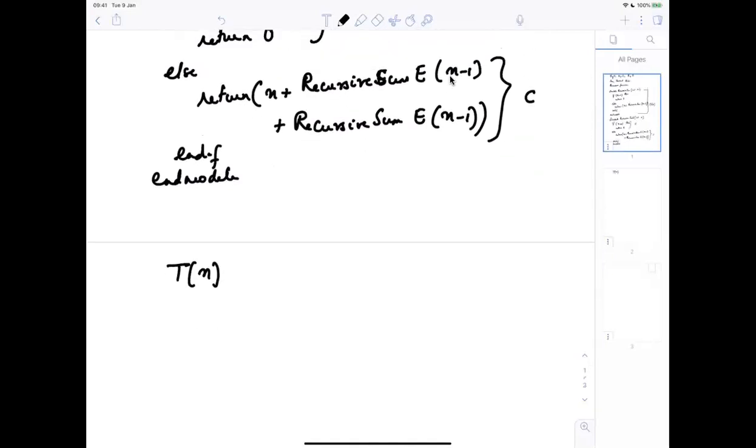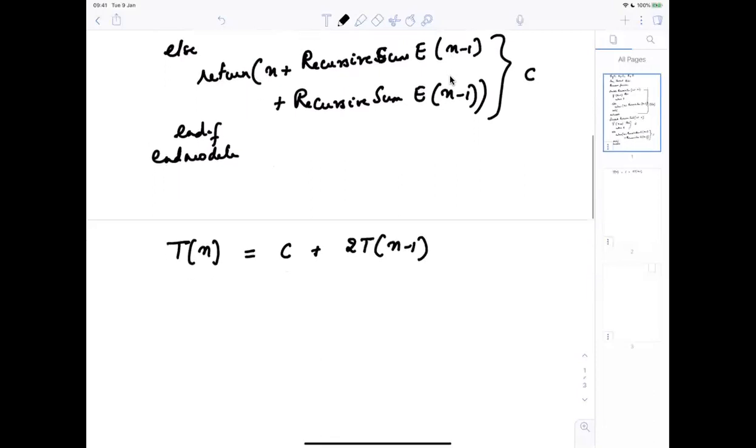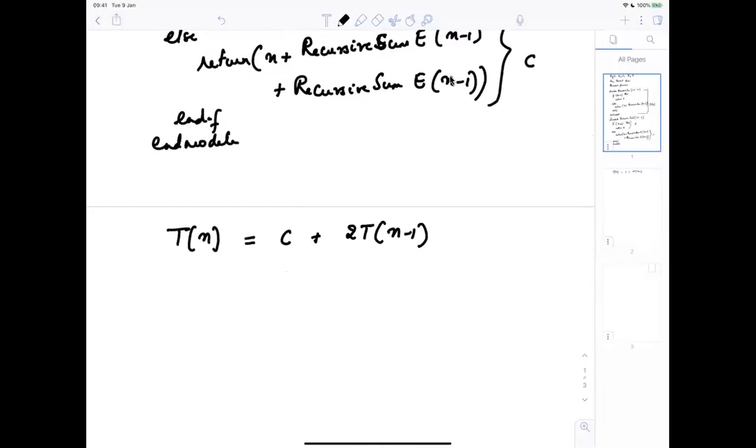But what do we have here? We said t of n is the cost c plus 2t of n minus 1, this new recurrence that we're going to have. And we'll have t of 1 equal to some d.